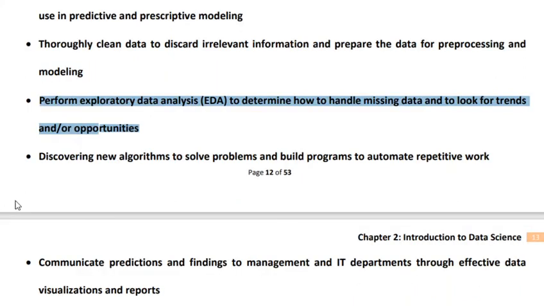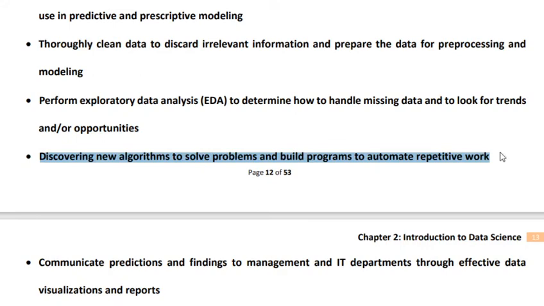Next one is discovering new algorithms to solve problems and build programs to automate repetitive work. So this is very much important. The ability of data scientists is also judged on how innovative they are in providing solutions to the problem.